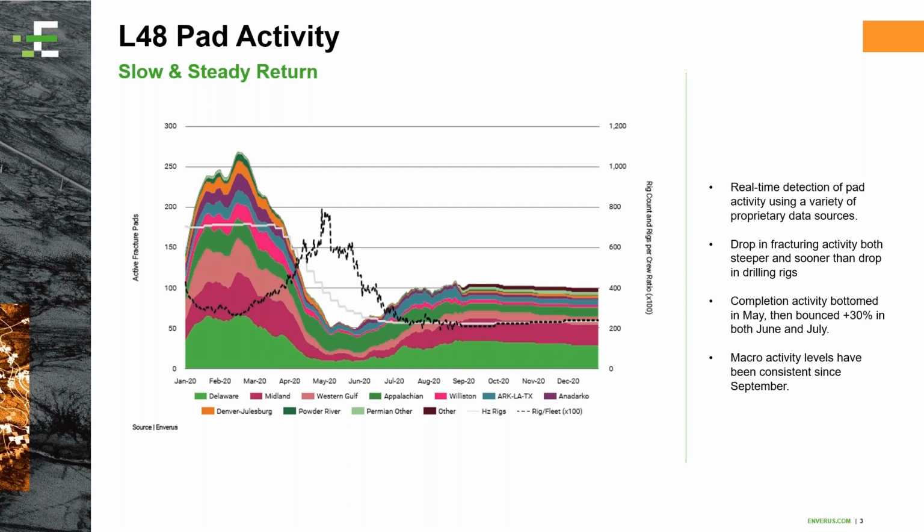And so when we hit that twin black swan event of both the pandemic and OPEC deciding to get into a pricing war in late February, early March, the completion crews dropped much faster because there weren't the contractual obligations that there were with the rig contracts.